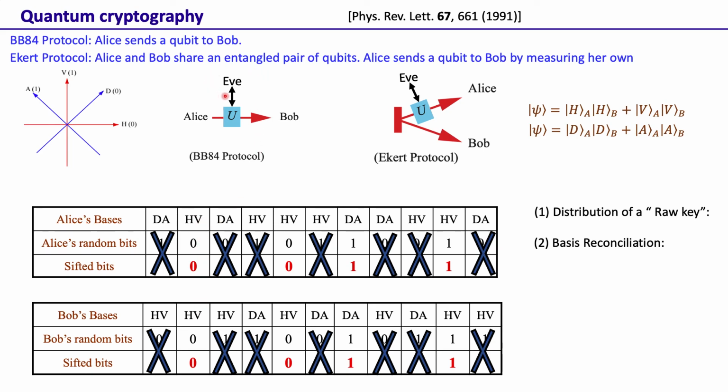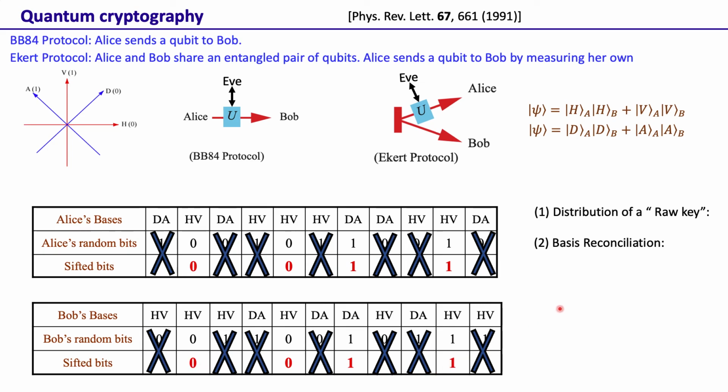So Eve will choose the basis randomly, and so the bits that Eve gets will also be completely uncorrelated. So if Eve does a measurement, that will change this correlation property here. The fact that Eve makes a measurement, or clones or anything, will introduce error in the sifted bits.